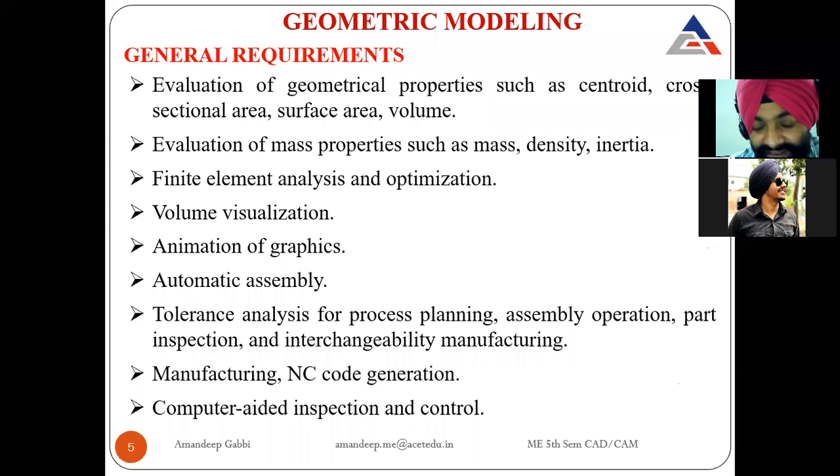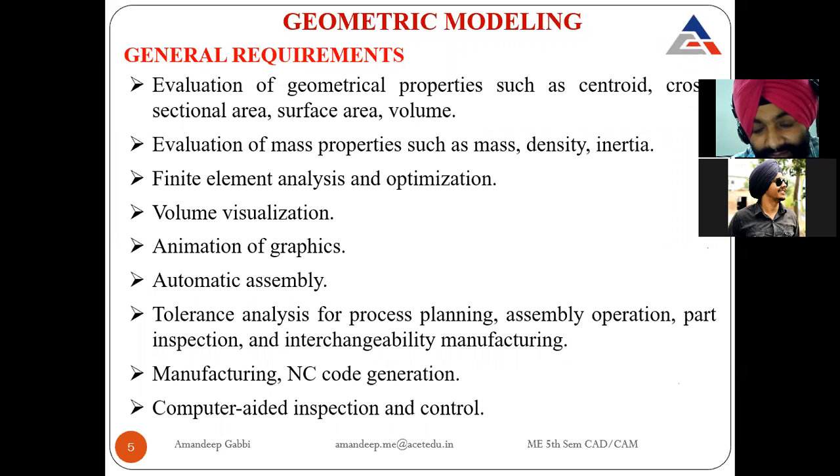That means you need to change the design, then go for FEA again. If the problem still exists, then you need to change the material or something else, until the desired object is made. Volume visualization: whatever the volume is, you can visualize that.